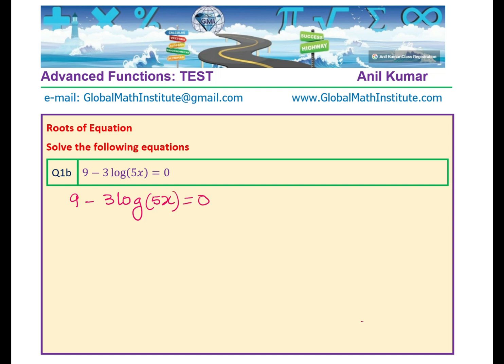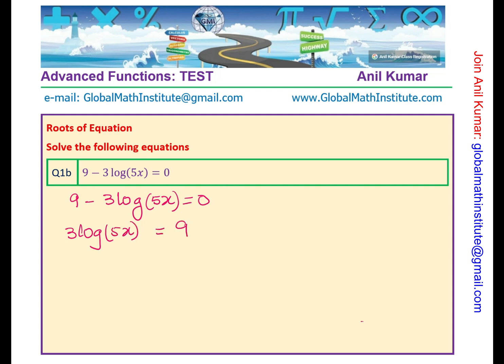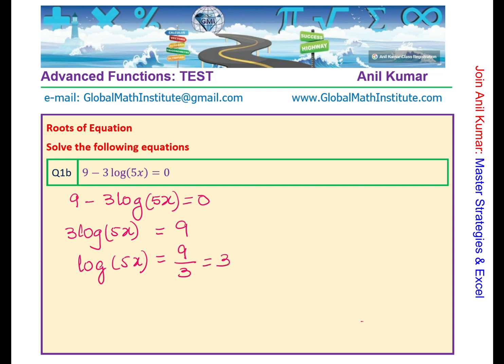You can take 9 on the other side, and so we get 3 log 5x equals 9. Dividing by 3, we get log of 5x equals 9 divided by 3, which is 3. Now log is to the base 10. Writing it in exponential form, we get 5x equals 10 to the power of 3.